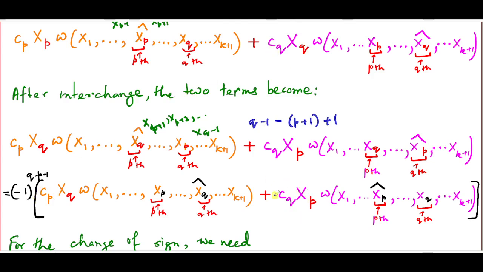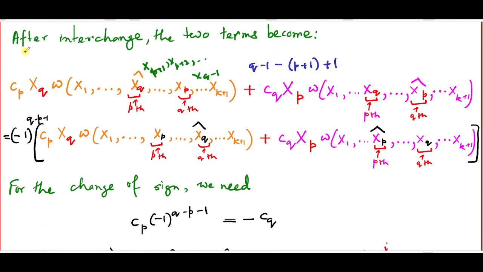And this factor here, cq times (-1)^(q-p-1), is minus cp. And for this, what you need is simply this. cp times (-1)^(q-p-1) must be, as I said, minus cq. If this works, the other demand automatically falls into place.